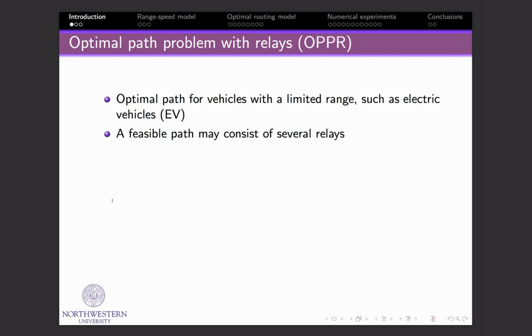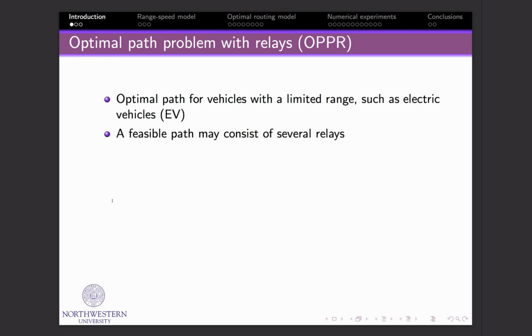Hello, everyone. Today I'm going to present the stochastic optimal path problem with relays. This work is a joint work with my advisor, Professor Mark Goulier from Northwestern University. This paper studies the optimal path problem for vehicles with a limited range, such as most electric vehicles currently available in the market.